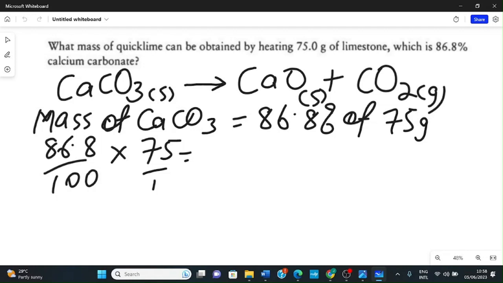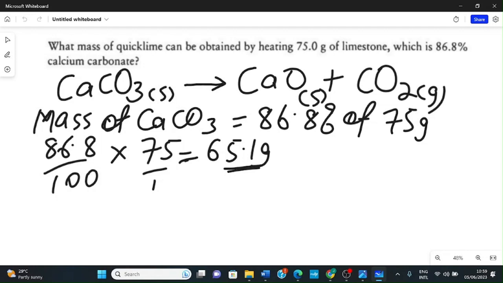So to use my calculator now, I have 86.8 multiplied by 75 divided by 100, which will be equal to 65.1 gram. So the mass of calcium carbonate is 65.1 gram.